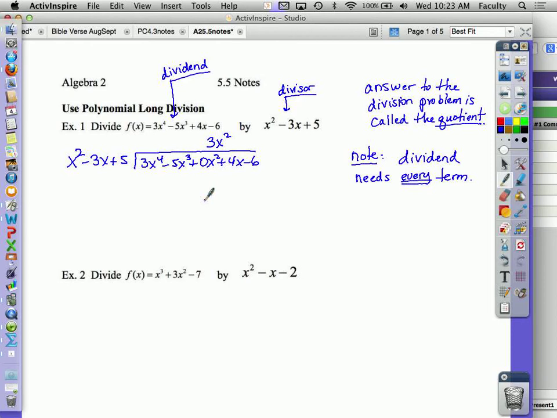So guess what we're going to do? We're going to take the divisor times 3x squared. So this is 3x to the 4th minus 9x cubed plus 15x squared. Now can you see why we inserted the 0x squared? There wouldn't have been a like term to combine it with.